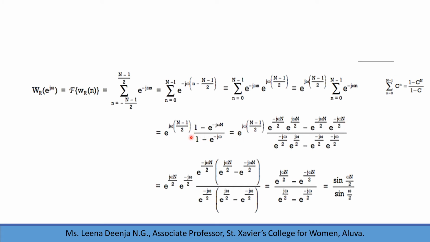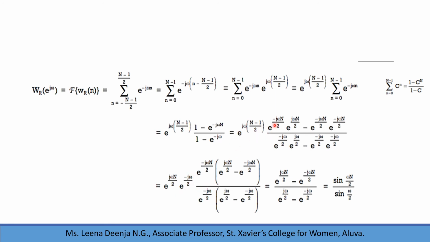And this 1 here we write as e raised to minus j omega by 2 into e raised to j omega by 2. This e raised to minus j omega we write as e raised to minus j omega by 2 into e raised to minus j omega by 2. Then here it is equal to e raised to j omega N by 2 into e raised to j omega into minus 1 by 2, that is e raised to minus j omega by 2.